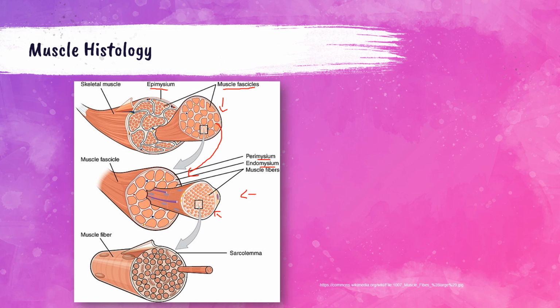The bottom drawing is the individual muscle fiber, and this shows the sarcolemma, which is the membrane that surrounds the skeletal muscle fiber. Hopefully these drawings give you an idea of how these things are arranged. Sometimes it's good to have pictures showing you what these terms are.